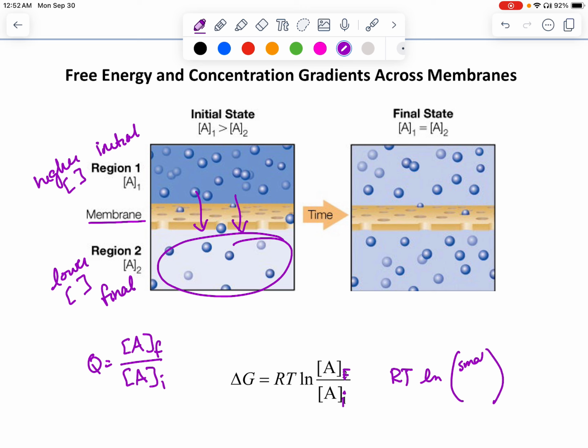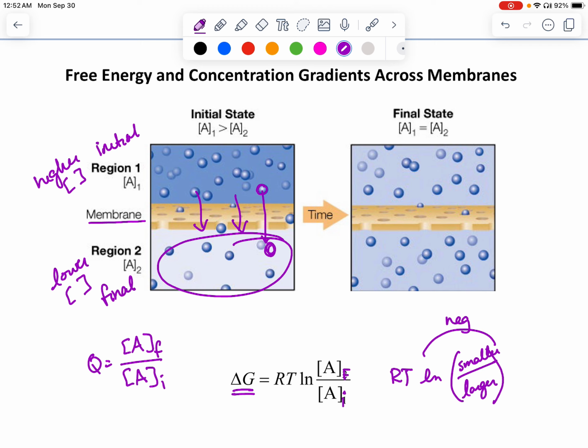I have my smaller number up top over my larger number on bottom. This is going to give me a negative value, which tells us that it would indeed be spontaneous. Delta G would be negative when I plug these in. And initial and final may be a little confusing, but think about it for each molecule. It's starting up here, so it's part of this solution, so that's its initial concentration. And for that individual molecule, it's moving down here, so at the end, it's down here, and it's part of that concentration.